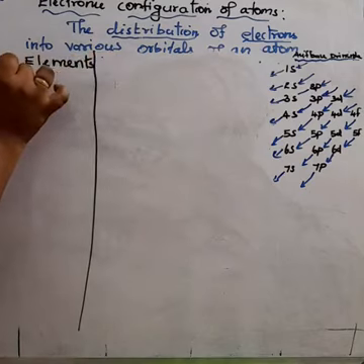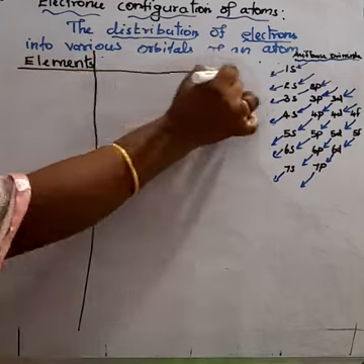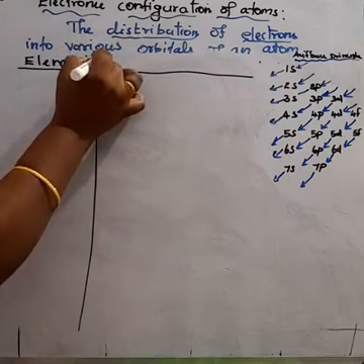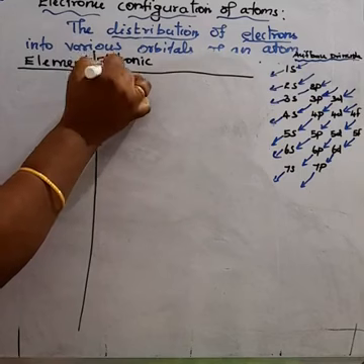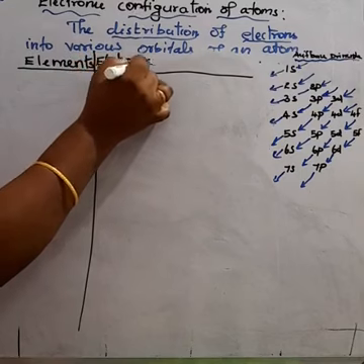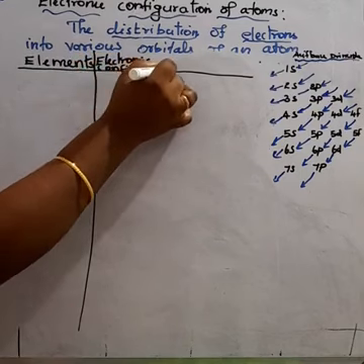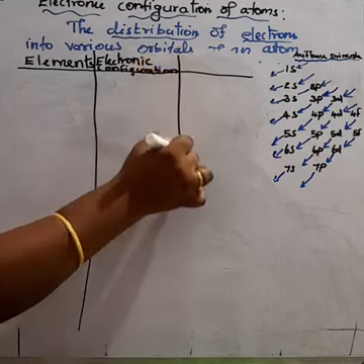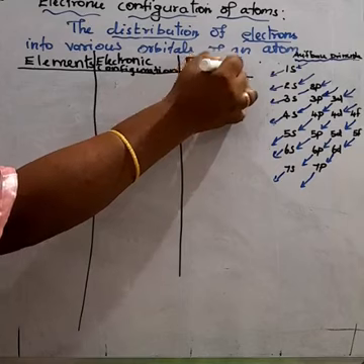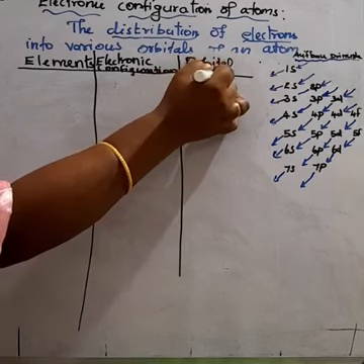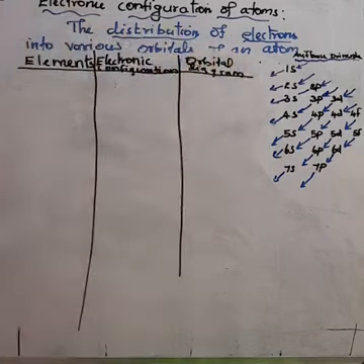First the element, then the electronic configuration, and then the orbital diagram. First element, hydrogen.